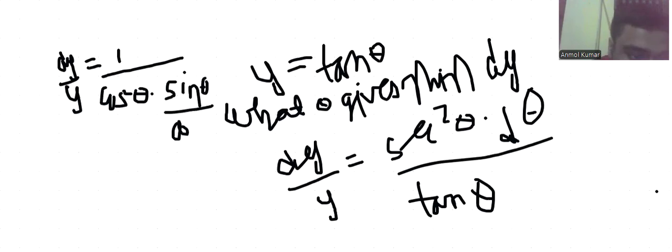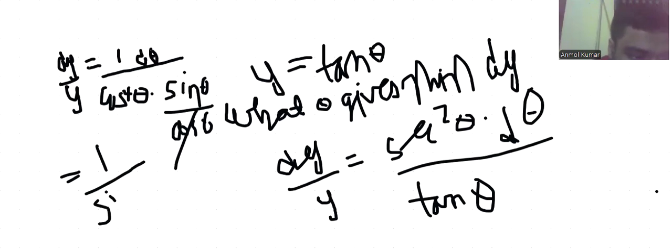Now, if we cancel this cos theta with the cos square theta, it becomes only cos theta, then we get 1 upon sin theta, and d theta is also here. We get d theta upon sin theta cos theta.